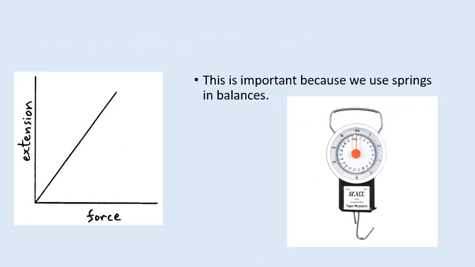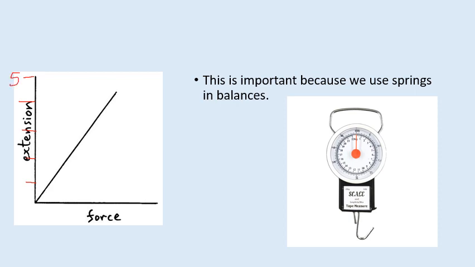This is really important because we often use springs in things like balances, and it means that if we know how the spring changes length with different forces, we can use it to work out the mass on something. For example, imagine that this scale is 1 centimeter, 2, 3, 4, and 5 centimeters.